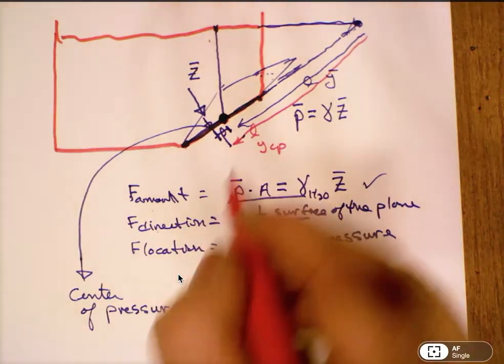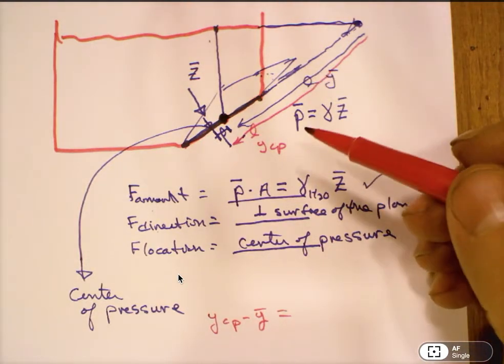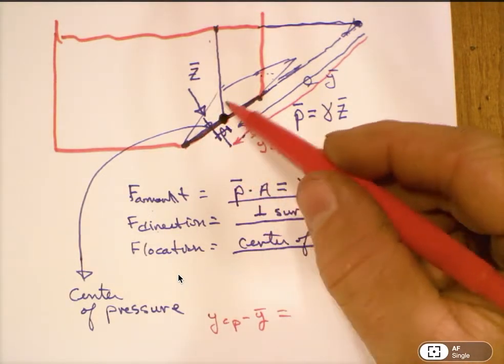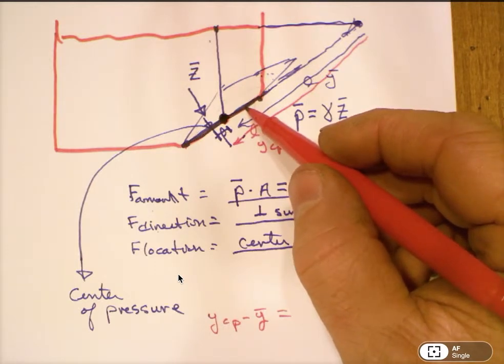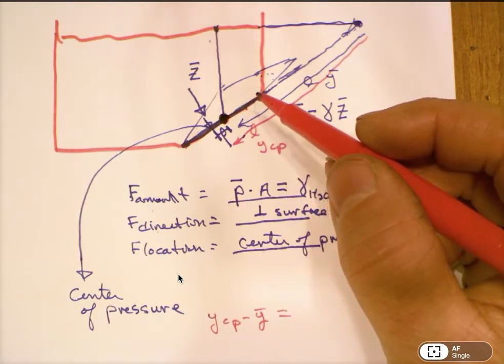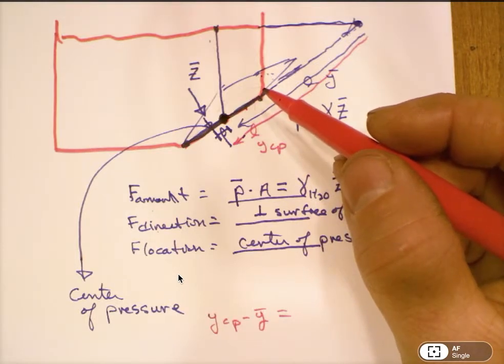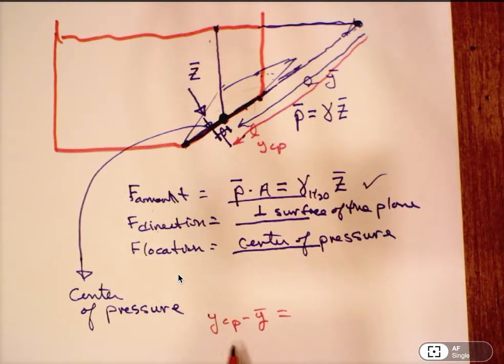So this distance here is YCP minus y bar, and it has to do with the area of the plane and the area moment of inertia of the plane, I, or I bar. So we're not gonna spend any time on it.